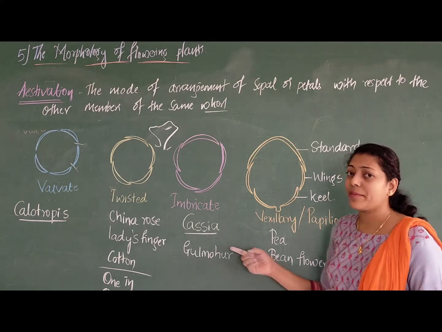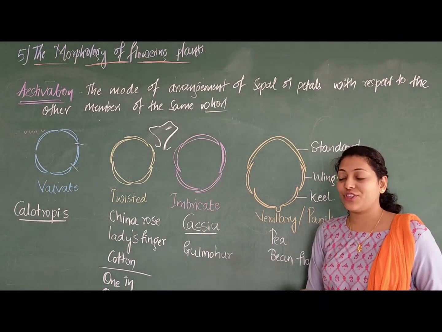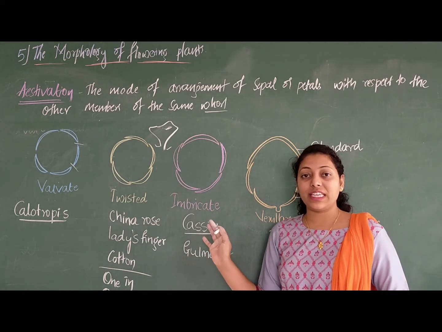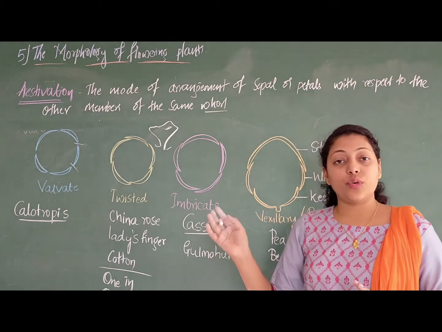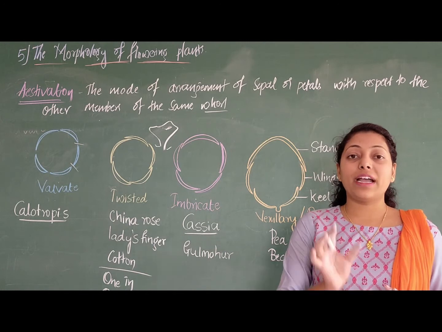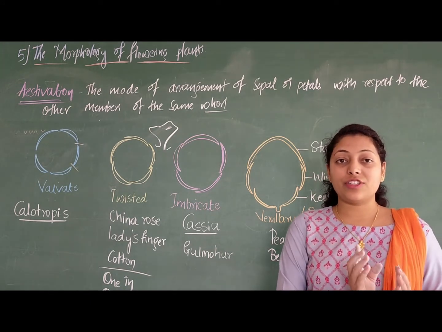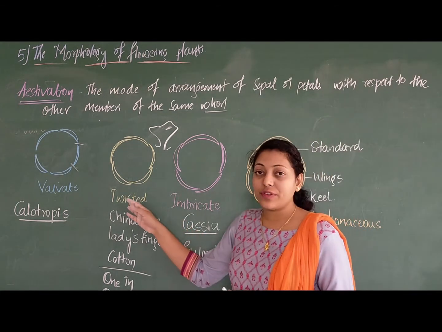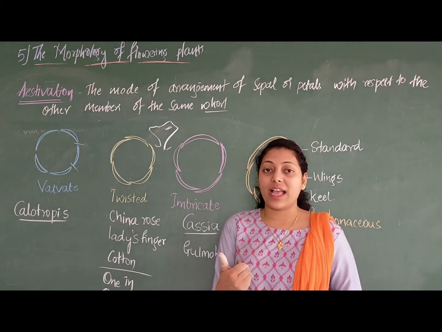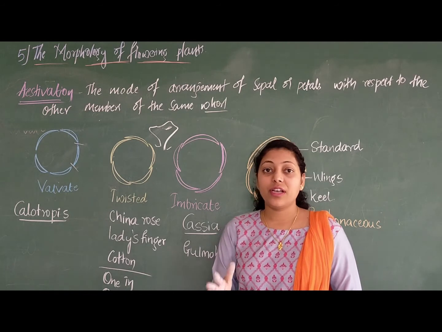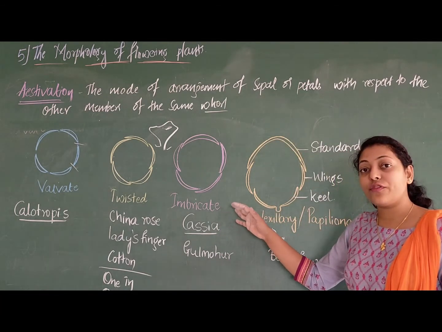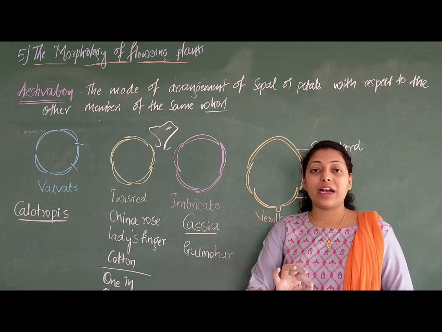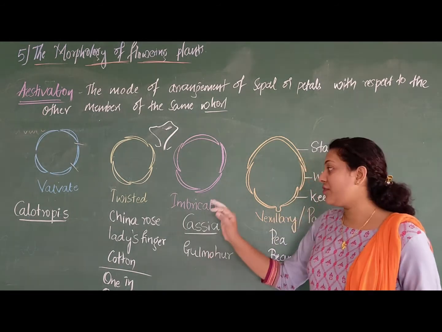Then coming back to imbricate aestivation. In imbricate aestivation, the aestivation is formed by overlapping of the margins irregularly. In twisted we saw regular overlapping, one in, one out. But here, in imbricate aestivation, the overlapping of the margins is in an irregular fashion.